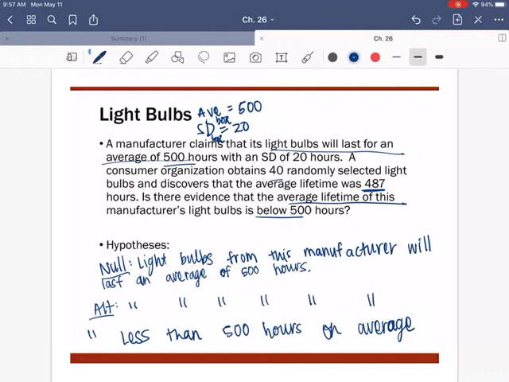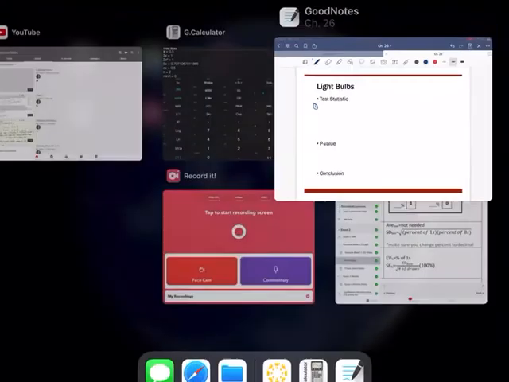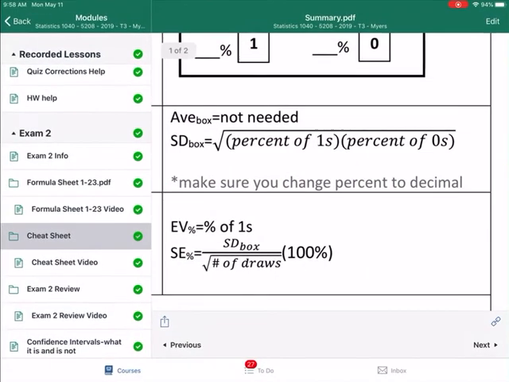So now we just want to see if 487 is significantly different enough, meaning too many standard deviations away from what we expect, that we think this manufacturer is exaggerating their light bulb life.